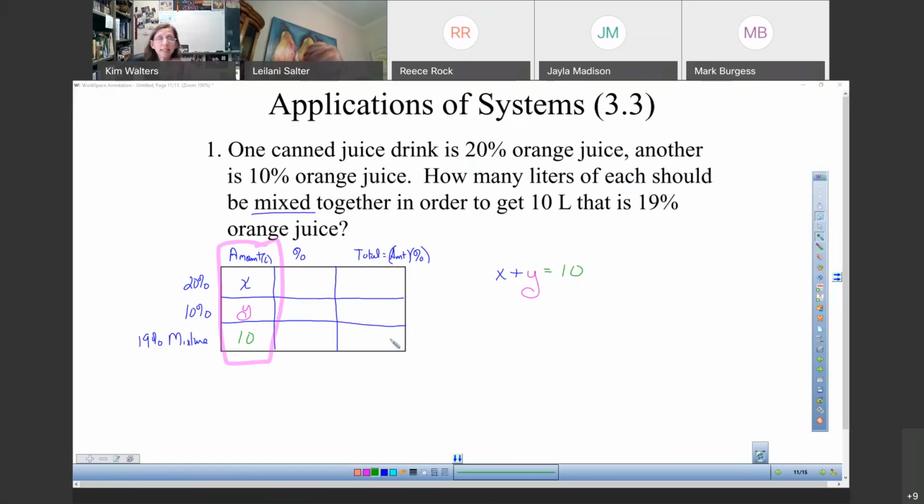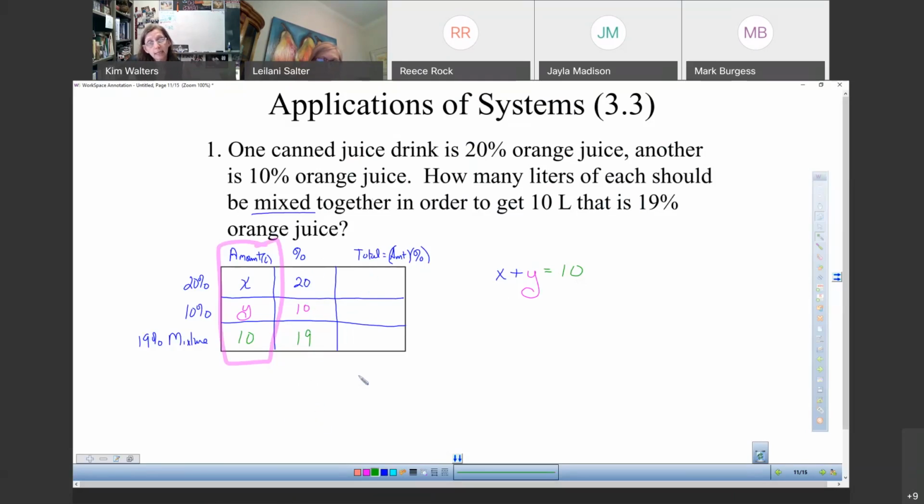So before I do anything else, I have my first equation. My percents, I'm going to go through, and I have 20%, I have 10%, and I have 19%. So literally, I'm just going to write my percents into that column.